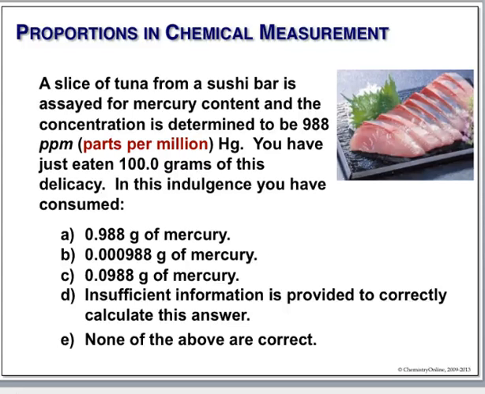Well, you walk into your sushi restaurant, you see a sign says, our tuna has 988 parts per million of mercury. So you look and you say, well, that is a big number. It's only 988. I guess I'll eat some. Okay? So we sit down and we eat 100 grams of sushi. How much mercury did we just eat? And how stupid will we be?